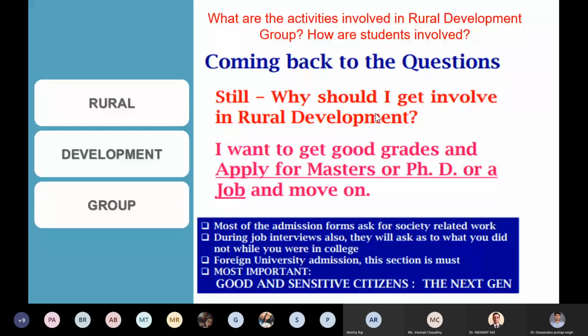And in foreign institutes, if you're looking for admission or higher education in foreign universities like Oxford, Harvard, Stanford University, and MIT, they also have this section where you can tell them about your social contributions, any task or work you contributed to society by associating yourself with an NGO, or educating poor students, helping the farmers, and uplifting poor families, providing skill development, creating employment opportunity, how you helped them create employment opportunity.